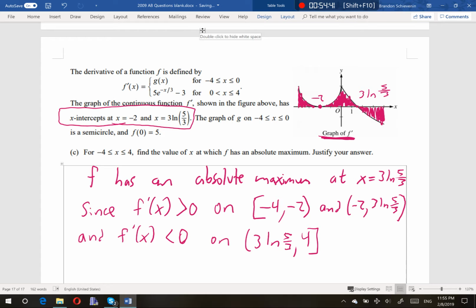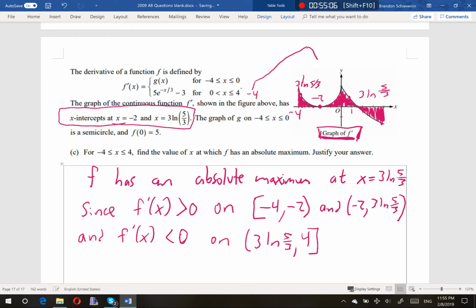Can you explain again? Yeah. So this graph is the graph of f prime. And our graph of f prime was positive from x equals -4 to x equals 3 ln 5/3. So that means my original function was rising from x equals -4 all the way to x equals 3 ln 5/3.